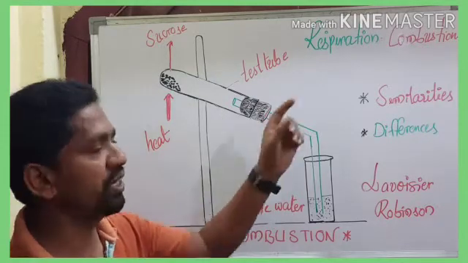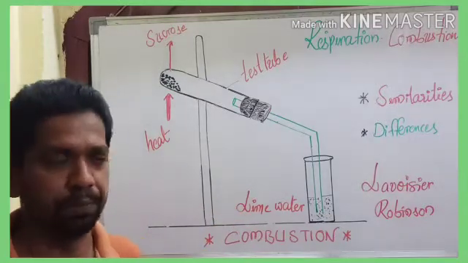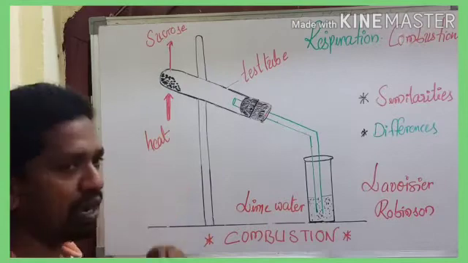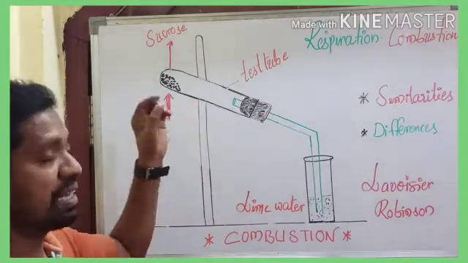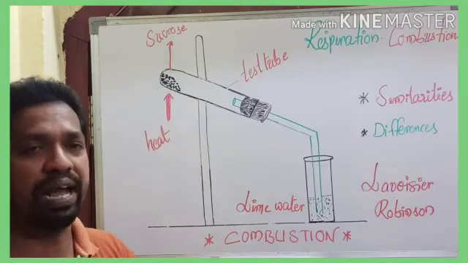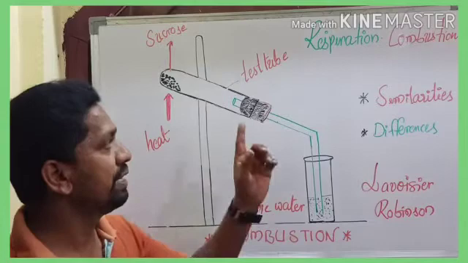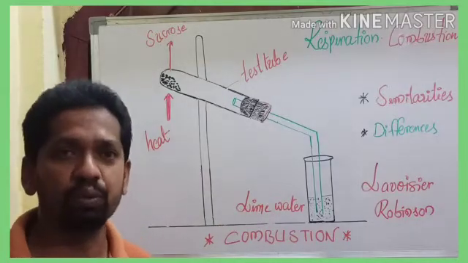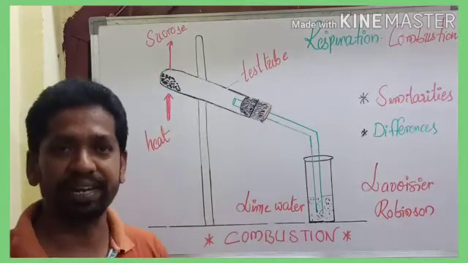But in respiration, energy is produced in different stages. In combustion, sugar is burned only when it is completely dry. Without water only, combustion occurs. But in respiration, without water, without wet conditions, respiration cannot take place.